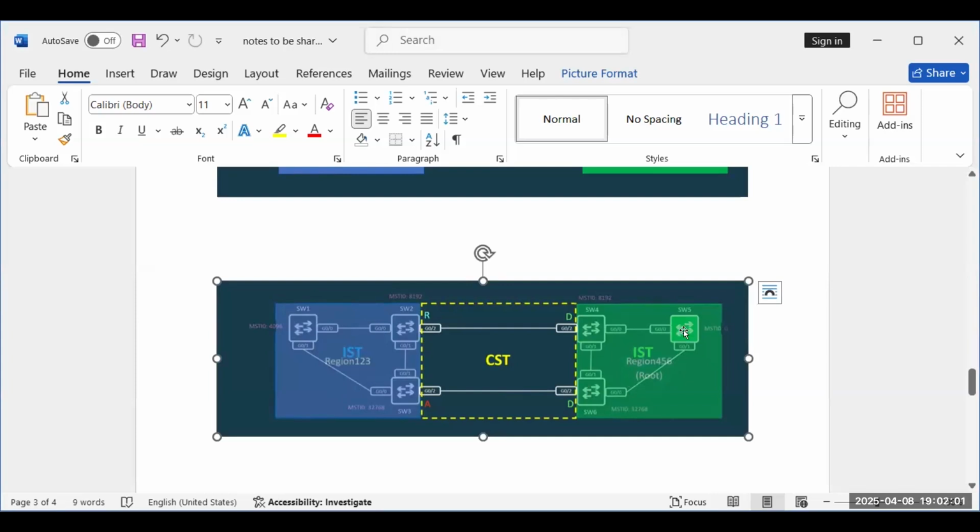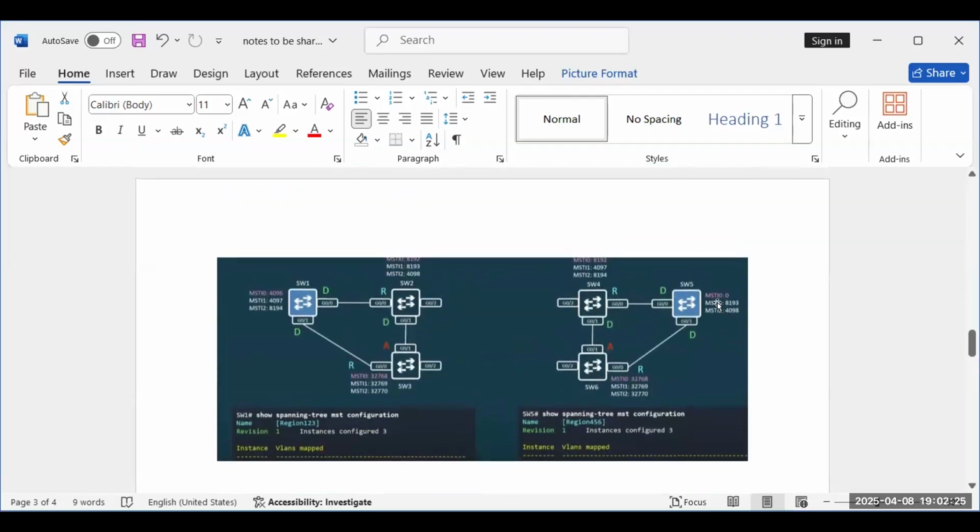Unless this root bridge goes down, the election process will take place in this switch, and those BPDUs will be sent to this region as well. If there is any bridge having lower priority, that switch will become the root bridge. Say this is 0 in our diagram. This switch has priority 0. This has 32768. This has 8194.